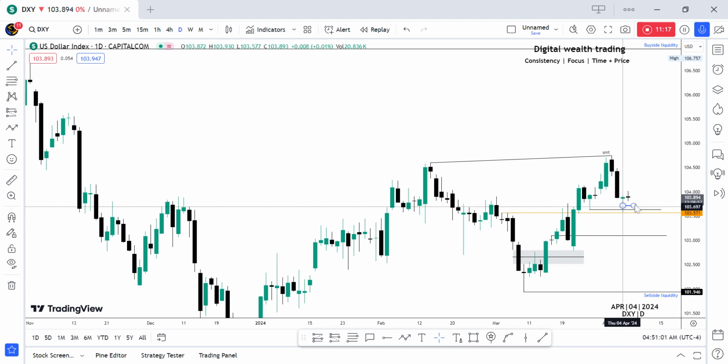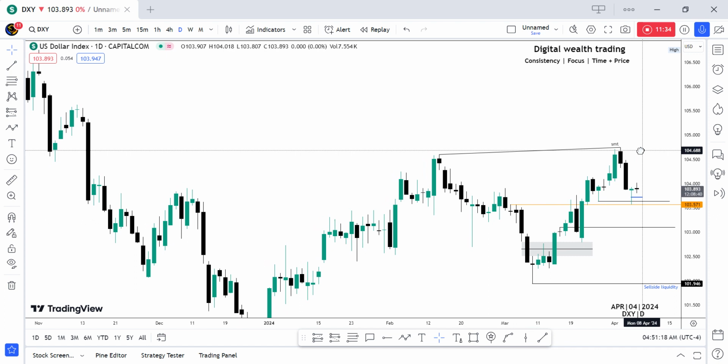And we can see how price is respecting and staying above that area of interest. So that is the ideal price scenario I'm explaining, and we only make use of DXY as an indicator for our own chart for the Euro trade. So let's see how price is going to respect these areas going forward.